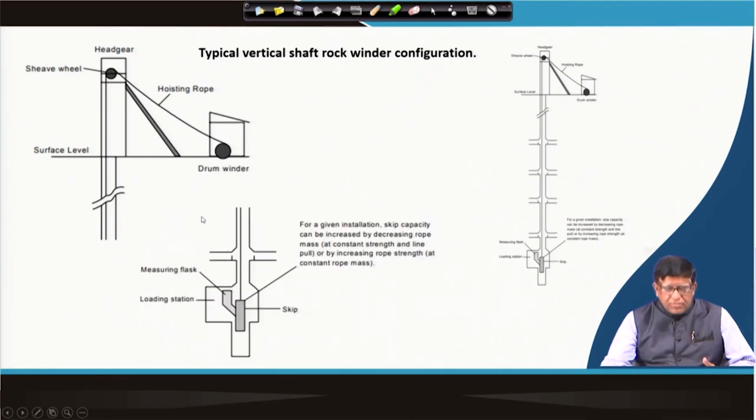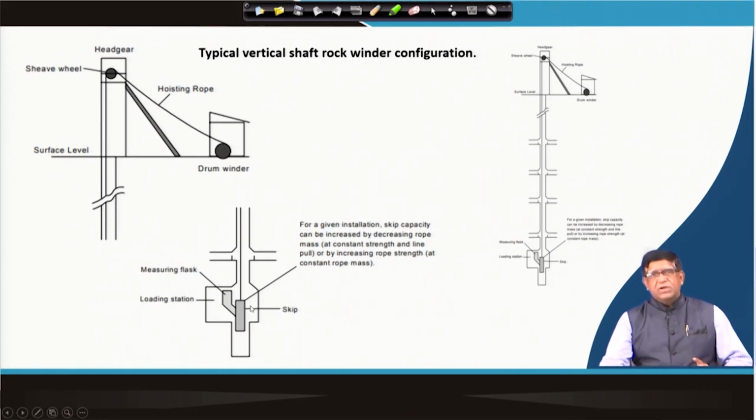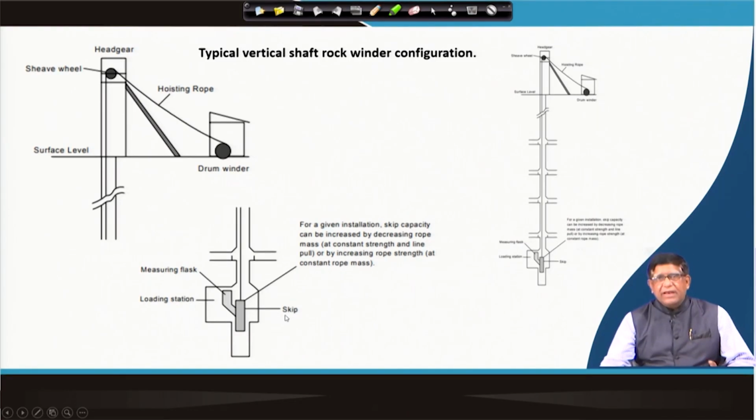And then at the bottom side also, how you will be loading your skip, how it will be supported at the bottom, and how you will be doing the balancing. Those types of questions, when you put them over there, form a design problem.